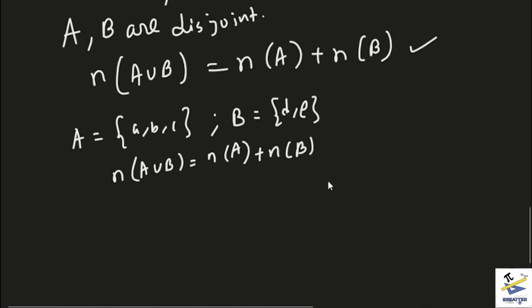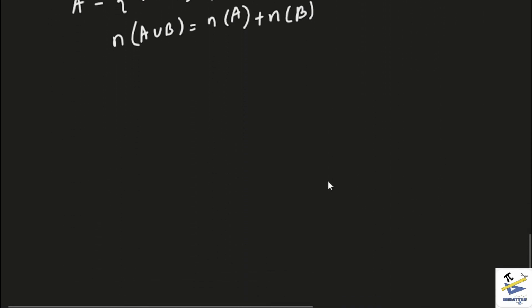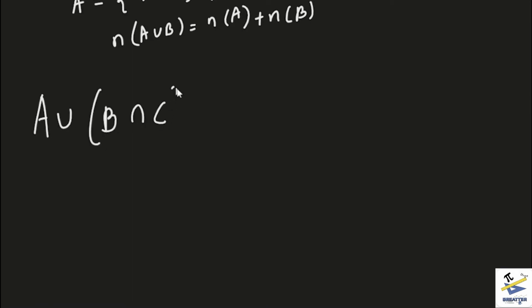So this brings us to the final part of this basic chapter, which is basically to identify and find out examples. But first we would try to understand a few of these. A union of B intersection C, where there are 3 sets involved, this can be separated using the distributive laws as follows.